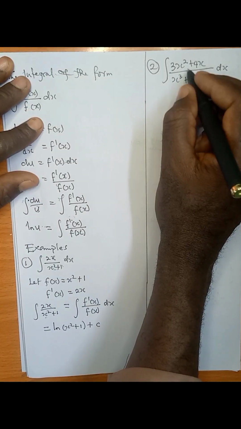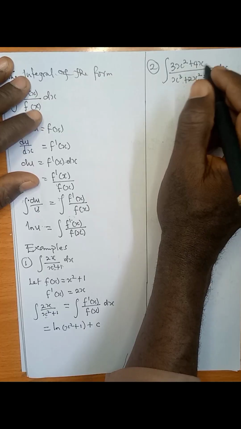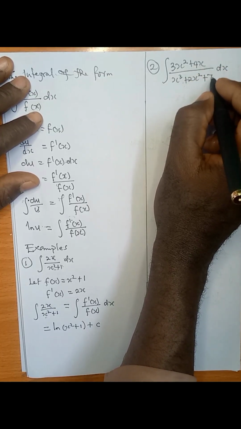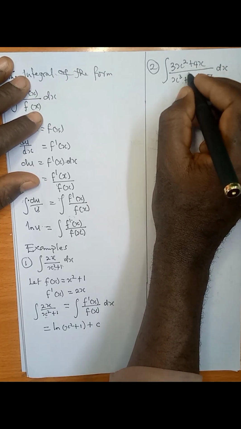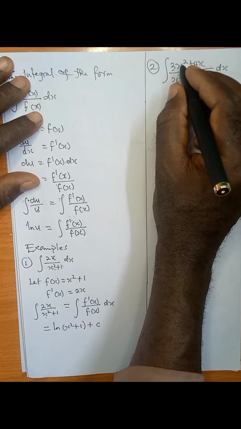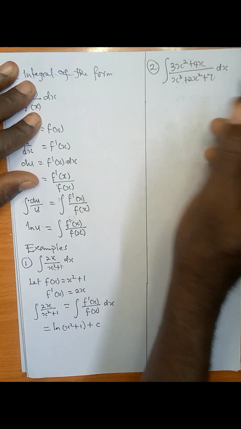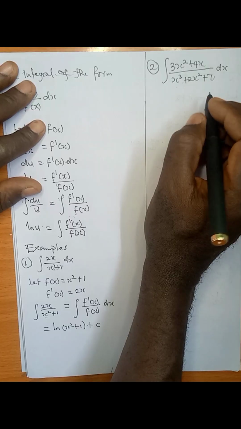Now, as I've said, if you are given a fractional integral, the first thing you do is just test if you differentiate the denominator, whether it will give you the numerator. Then you now take the natural log of the denominator.